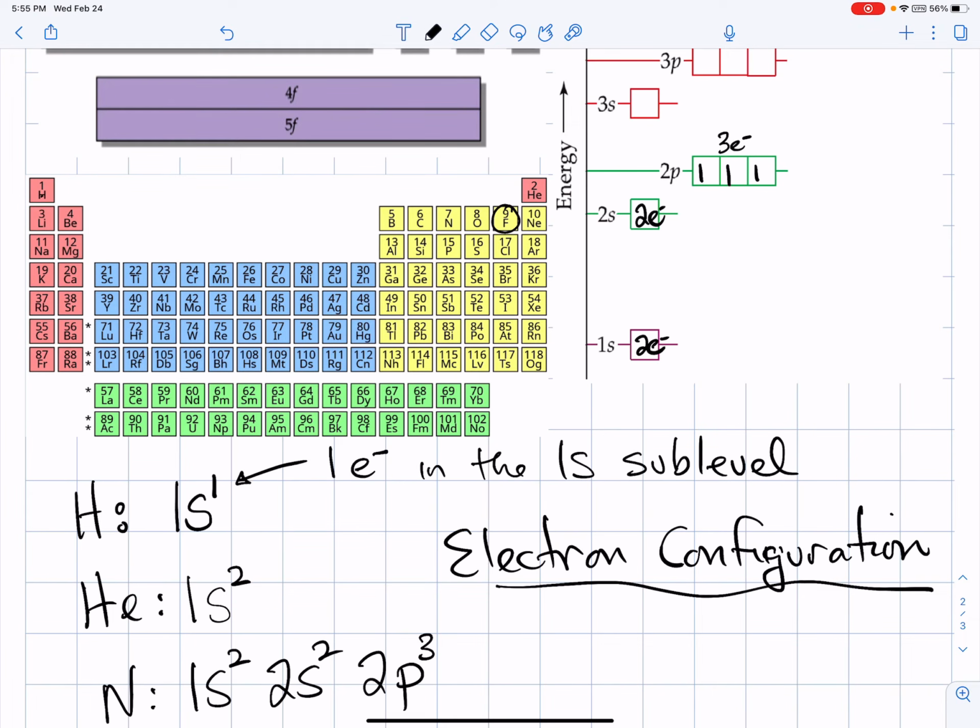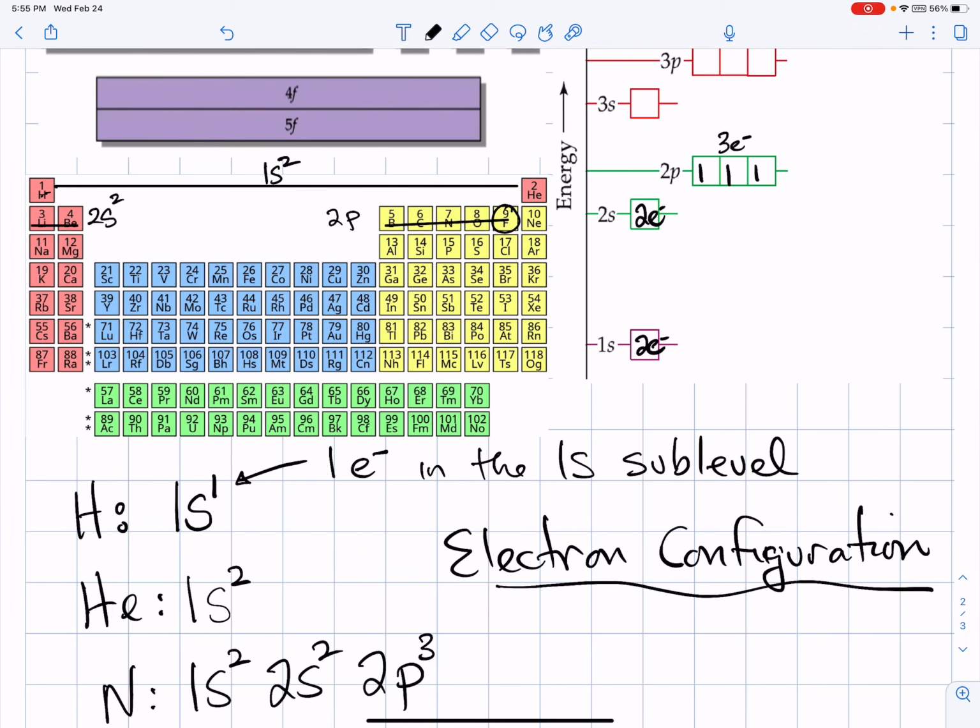So I remember that hydrogen and helium, that's the 1s section of the periodic table. So that's going to be 1s2. Because there's 2 elements, hydrogen and helium. Then I know the 2s section comes next, and there's 2 elements there, so 2s2. Then I know the 2p section comes next, and we got to walk across to fluorine.